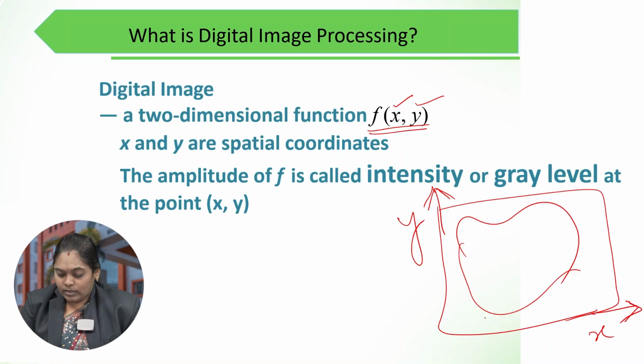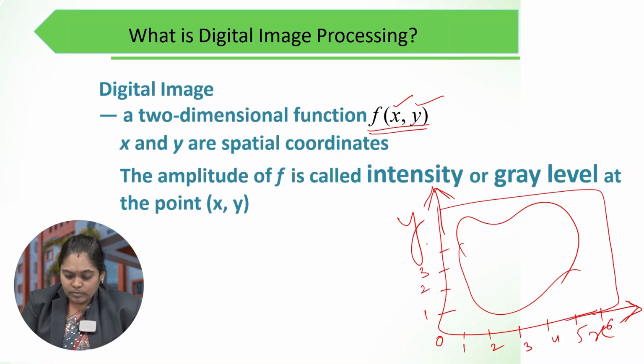Now let me take the same example of an image. In these coordinates, I'm assuming that the x value ranges from 0 to some finite value. Similarly, y also ranges from 0 to some 5 or 6 values. Now let me assume this is a point of the image, which corresponds to 2 on the x-axis and 1 on the y-axis.